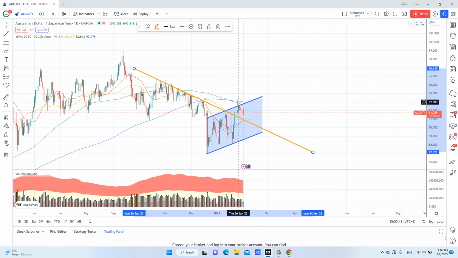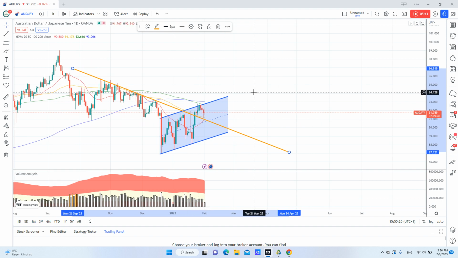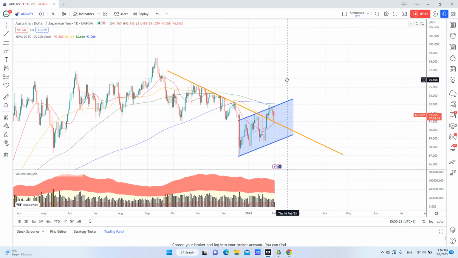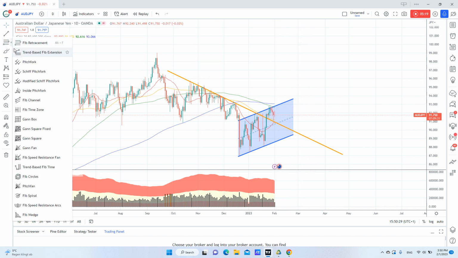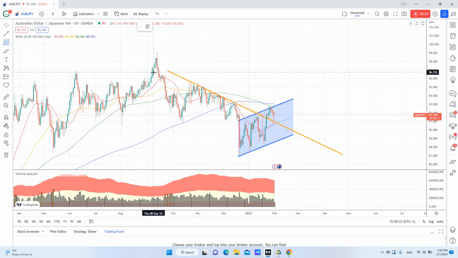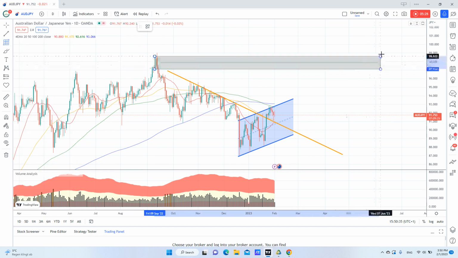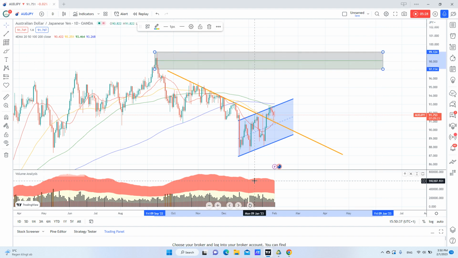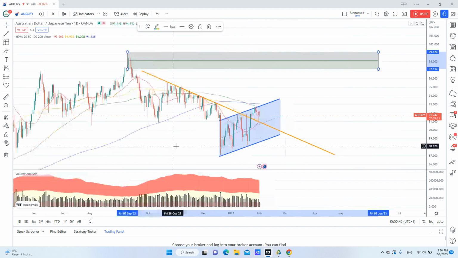We have broken it, so this one may be tricky. It may actually test the trend line and go up to this order block or these levels here. Or it may just stay in the channel till it gets here.